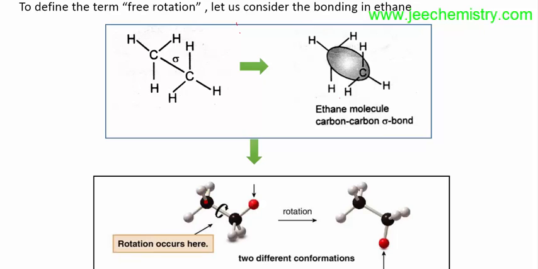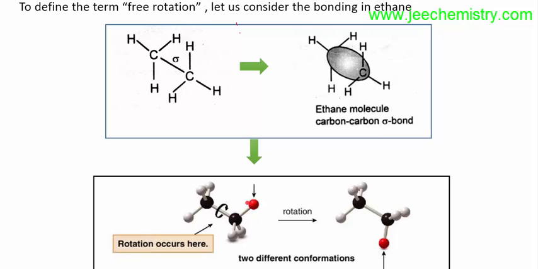This carbon has three hydrogen bonds and one carbon bond, so it fulfills its tetravalency by making four bonds. This other carbon also has hydrogens.